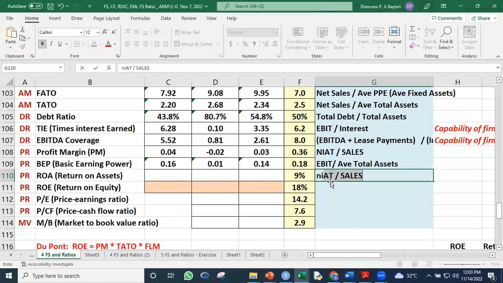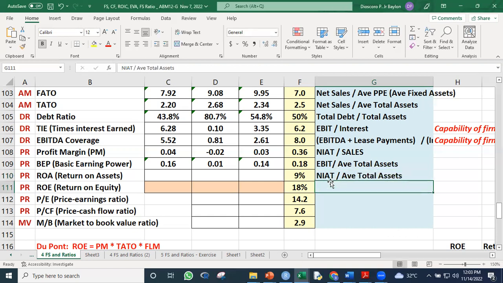And once again, net income after tax divided by, since ang kino-compare natin is a period figure, period amount, so average total assets, we have to average that. Okay, so let's do that.